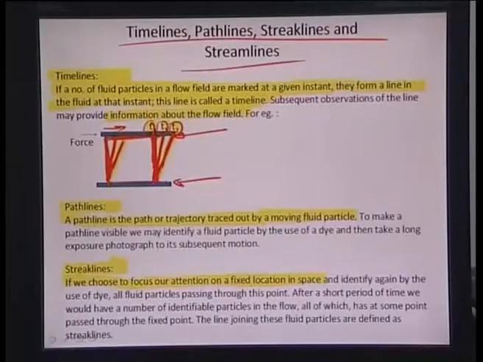The other important classification is streak lines. And this is a little bit indirect way of describing flow fields. If we choose to focus our attention on a fixed location in space and identify, again by the use of dye, all fluid particles passing through this point, after a short period of time we would have a number of identifiable particles which float through that point in space in the flow field.